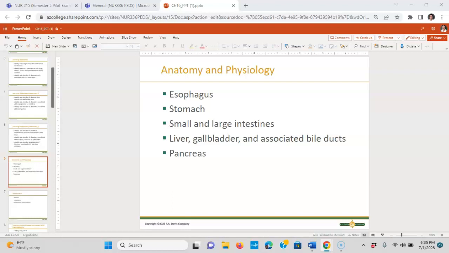So ask if the child is having abdominal pain. How often does the pain occur? Where's the pain located? Anything that helps the pain? Anything that makes it worse? Does the pain improve with defecating? Does the pain improve with eating?